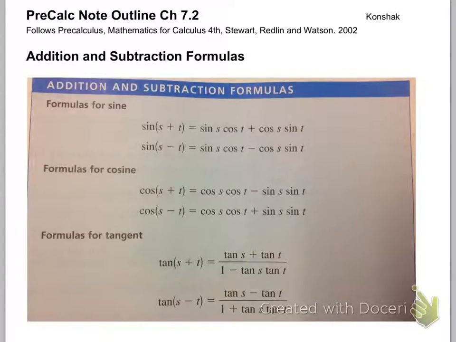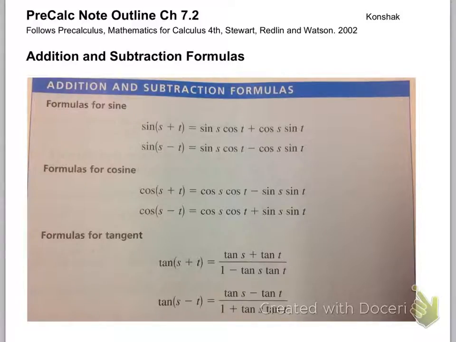This is for adding and subtracting angles within a trig function. And tangent, guys, tangent switches on top and bottom. The top follows what's going on between the angles and then switches to the bottom. So tangent S plus tangent T divided by 1 minus tangent S tangent T. We're going to use this two different ways.